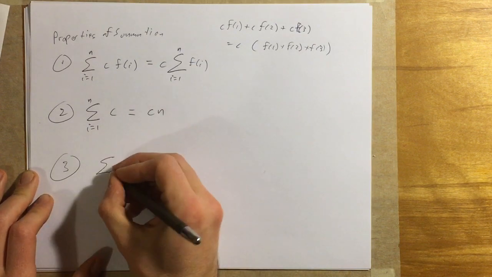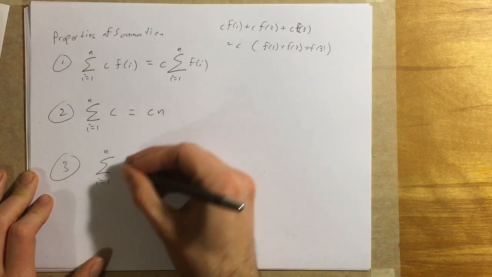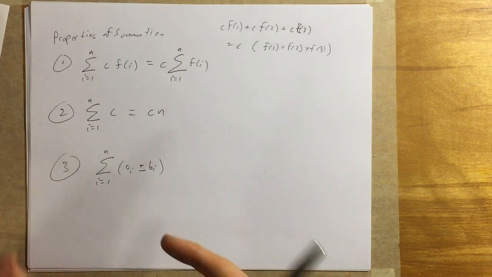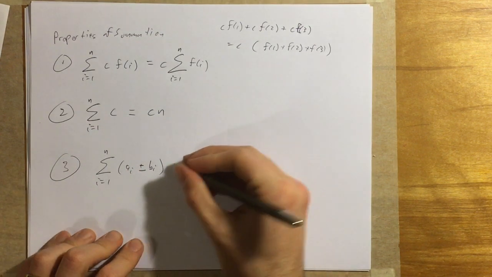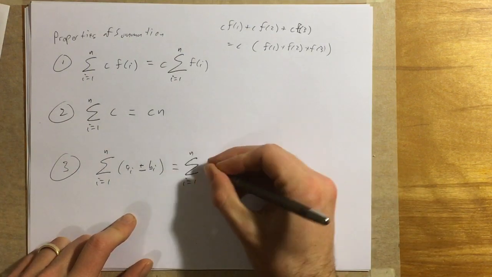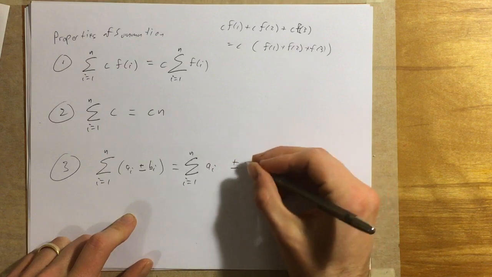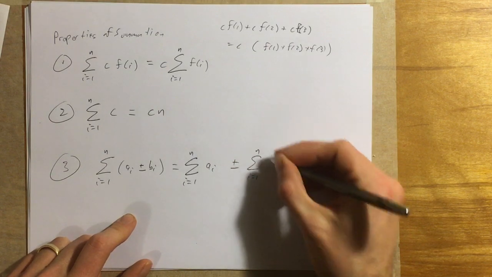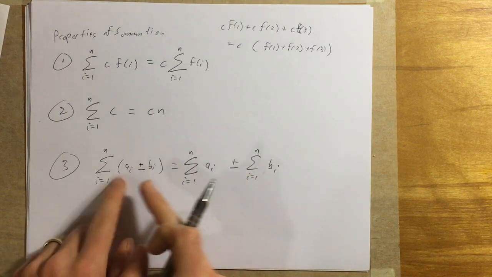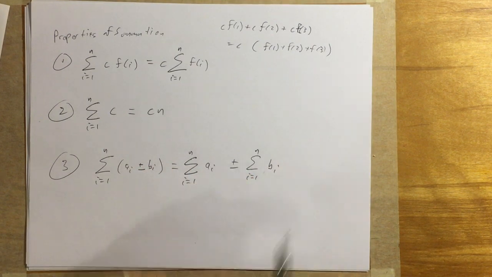But then this last one is pretty important, and it is that summation, just like derivatives and just like integrals, distributes over addition and subtraction, like this. So here I'm using the sequence term notation for a_i and b_i. Those are sequence terms.